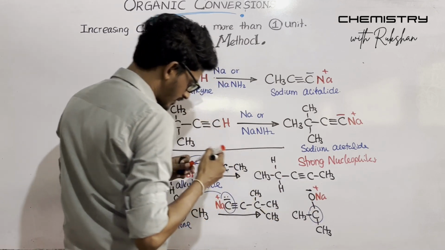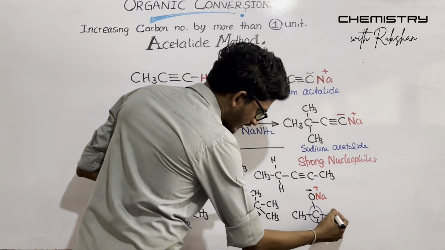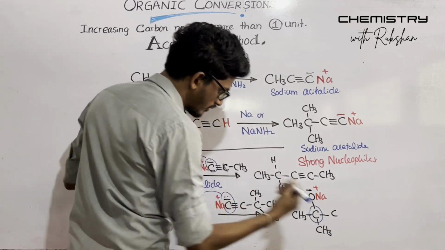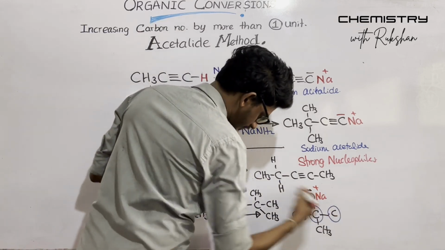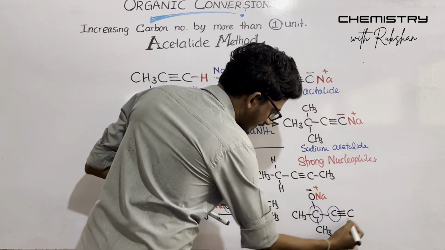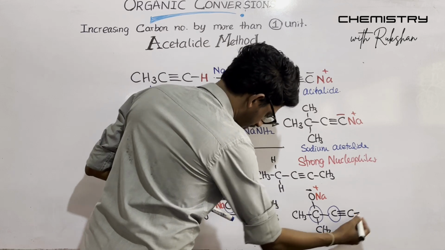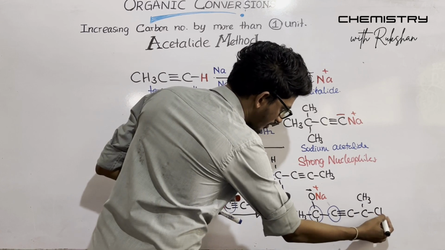The carbon from your acetylide gets connected to this positively charged carbon like this. So you can see the production of a new molecule with a greater number of carbons.